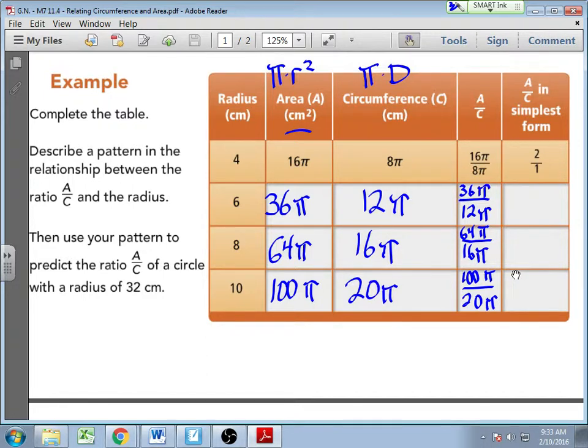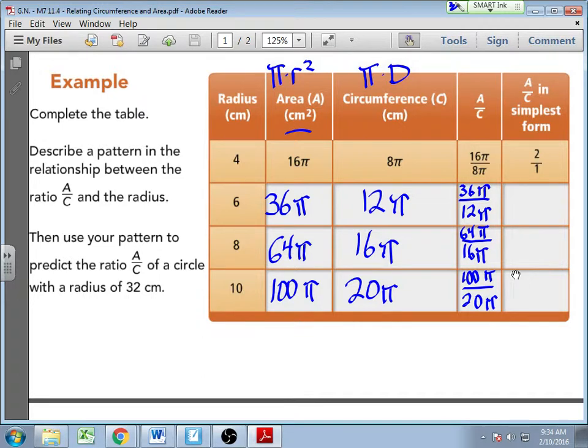It's like plus 1 area every time. But why? Why did we make a table of this? Ethan? To show how the circumference relates to the area.